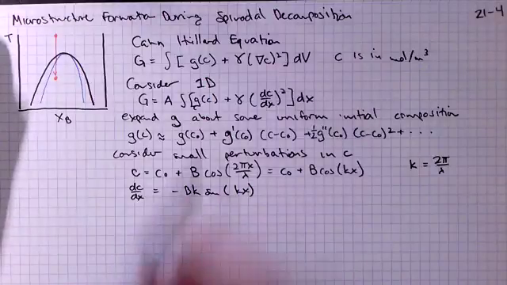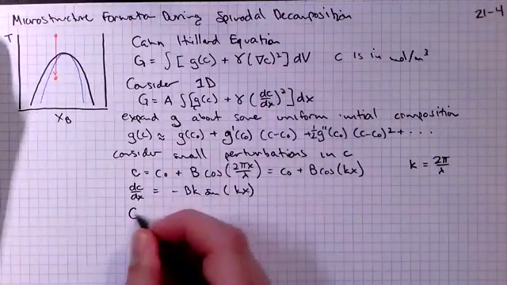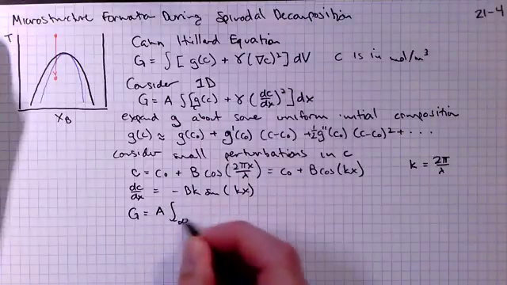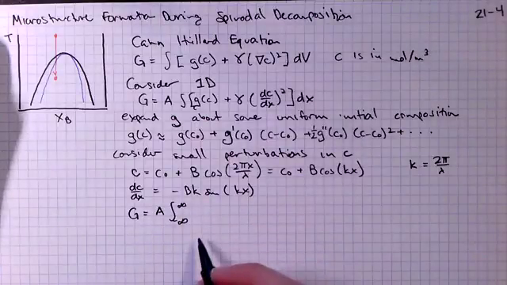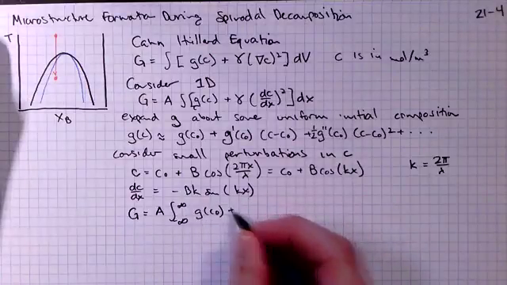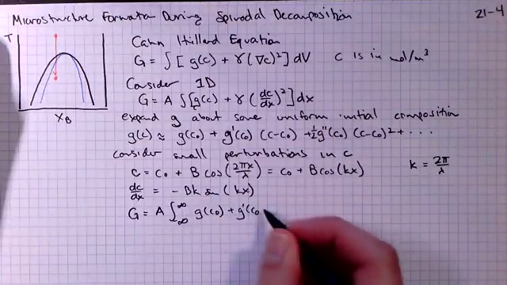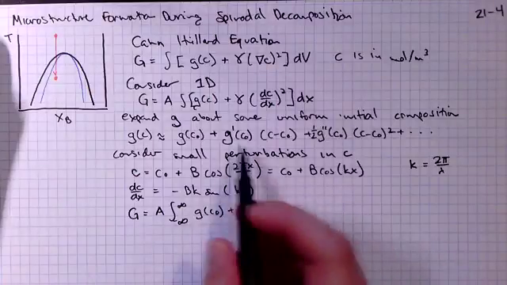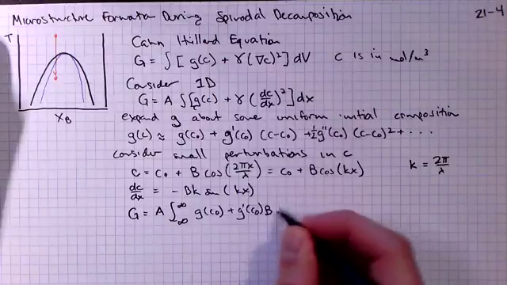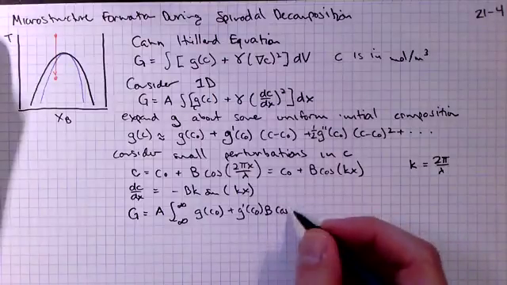So now if we go to calculate capital G, we get that capital G is equal to the area times the integral over the whole system of G at C0 plus G' at C0 times (C minus C0), so that would be just B cosine kx, right?